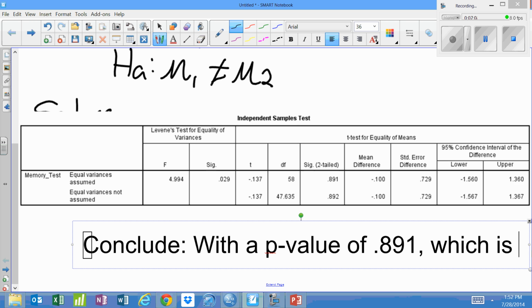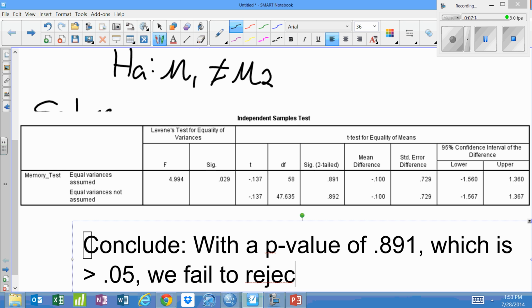Since we have a p-value that is obviously much greater than 0.05, we fail to reject the null and can draw no conclusions.